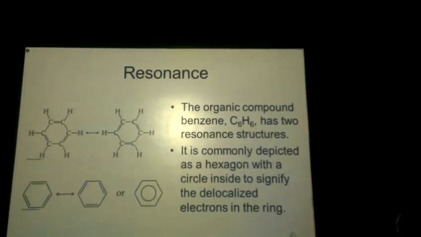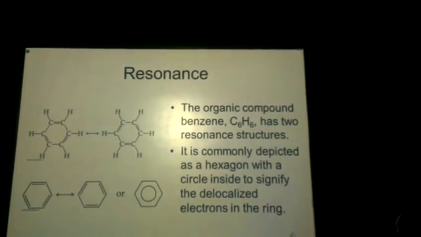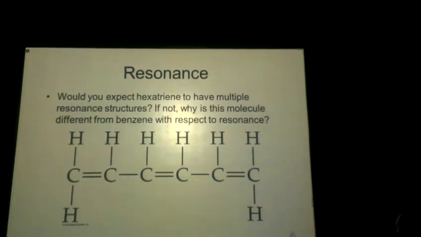We do that because it shows that the electrons are delocalized. They can move around wherever they want among all of the carbons. So that's how we show delocalized electrons or resonance structures in an organic aromatic compound, with just a ring.